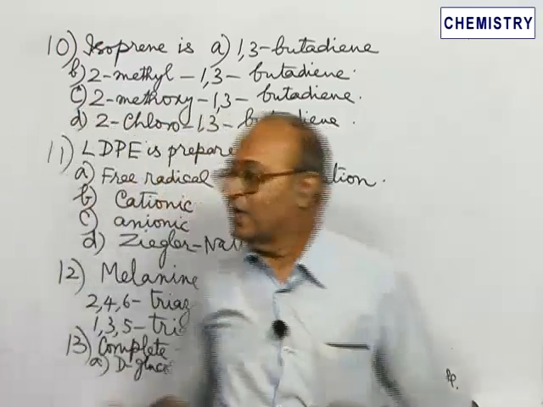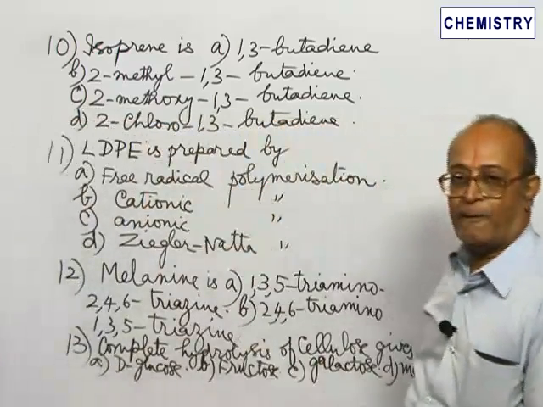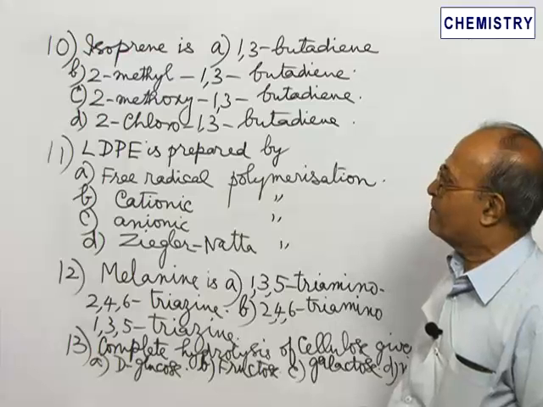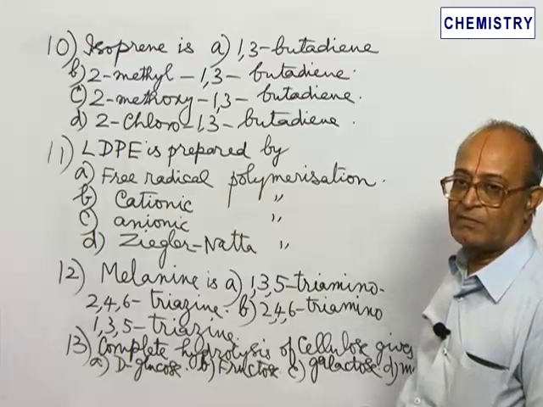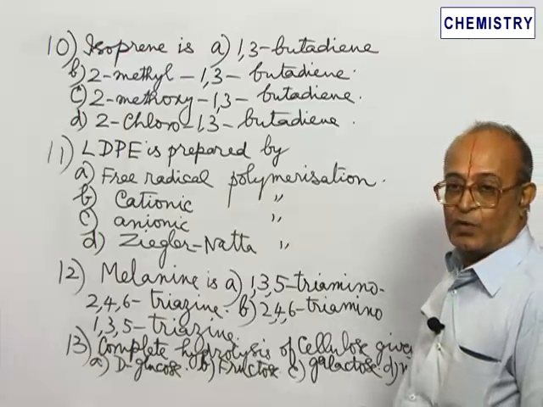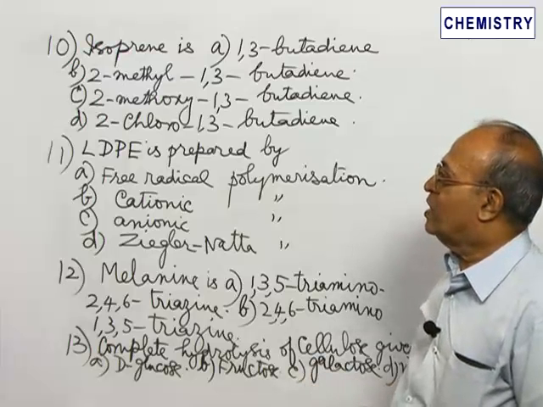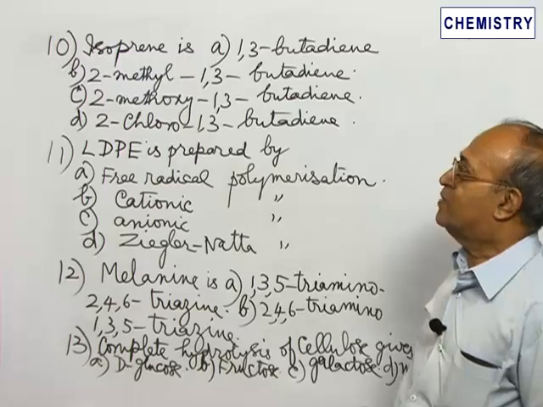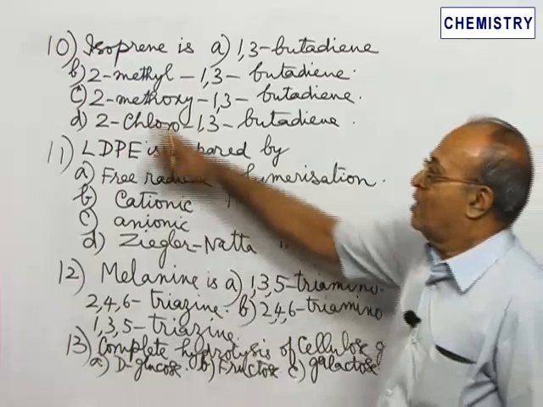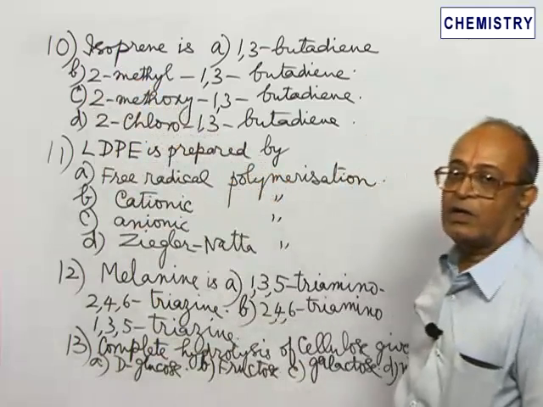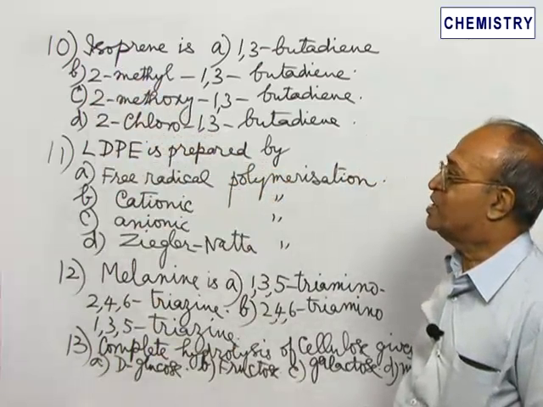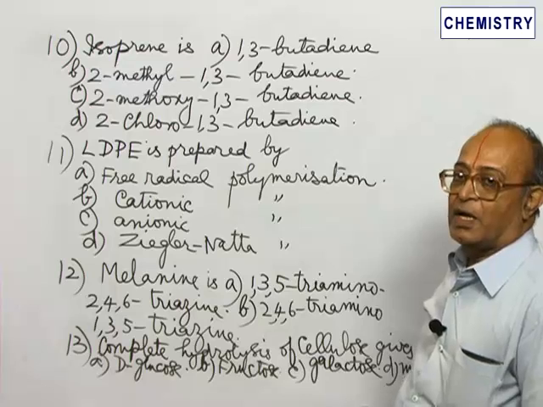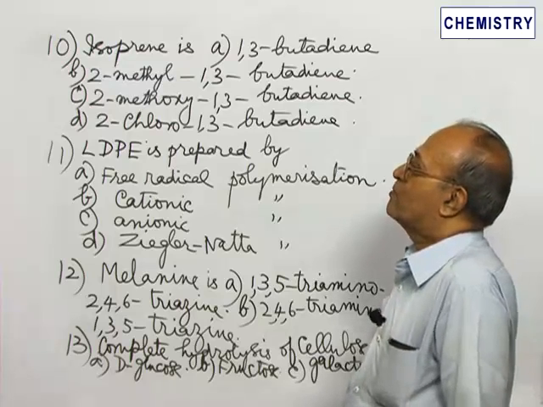If D option, if you consider, it is chloroprene, the monomer, which is also the derivative of butadiene, except A, B, C, D are butadiene in which one substituent is present in carbon number 2.